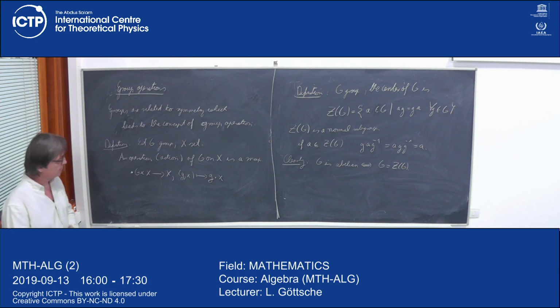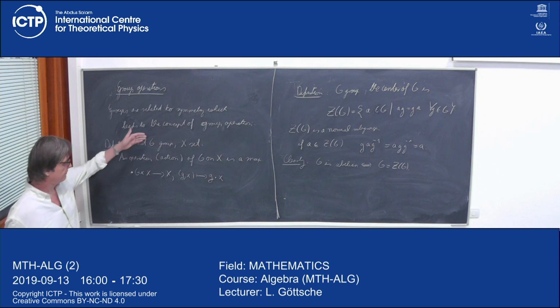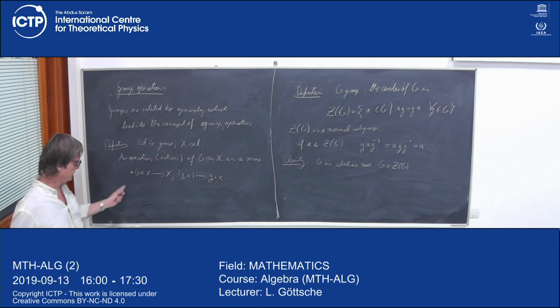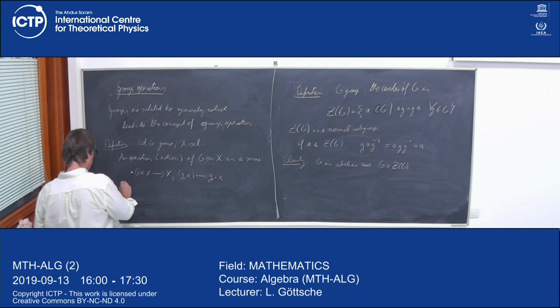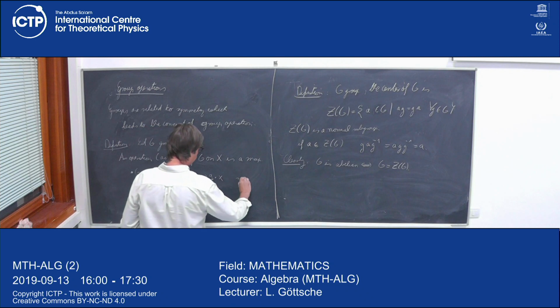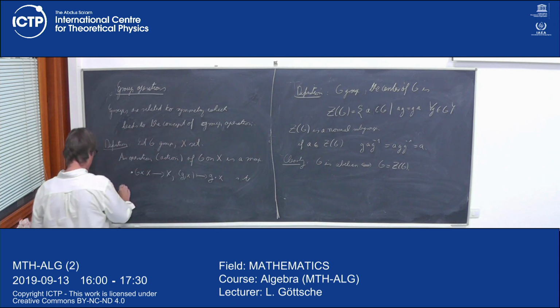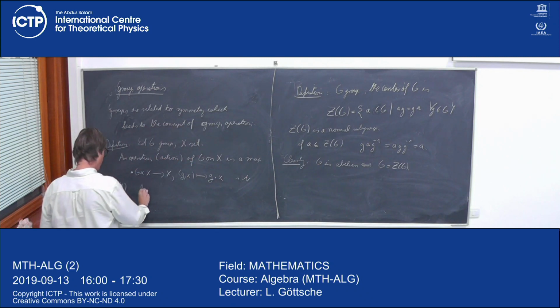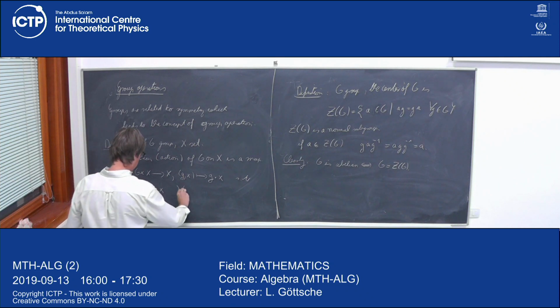It should be compatible with the fact that G is a group. One thing is that the identity element, the 1 in the group, should not do anything: 1 times x is equal to x for all x in X.